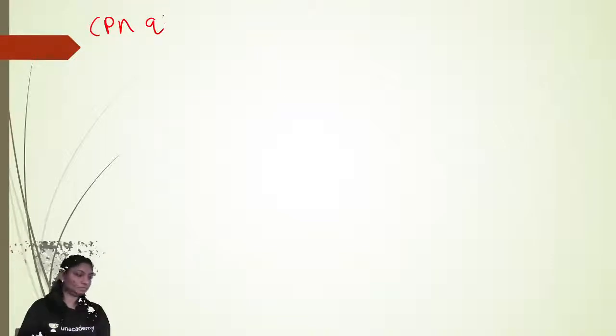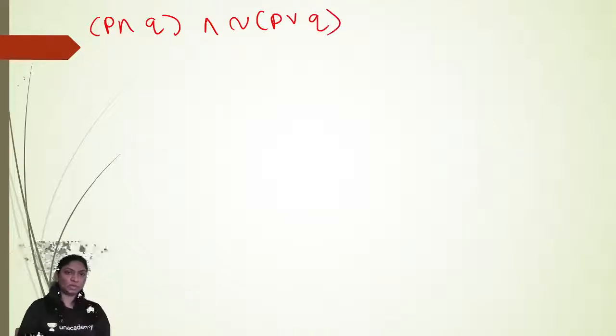Now we'll see once again the statement. Now check whether the given statement is tautology, contingency or contradiction. So P and Q and negation of P or Q. Okay, so P, Q only.